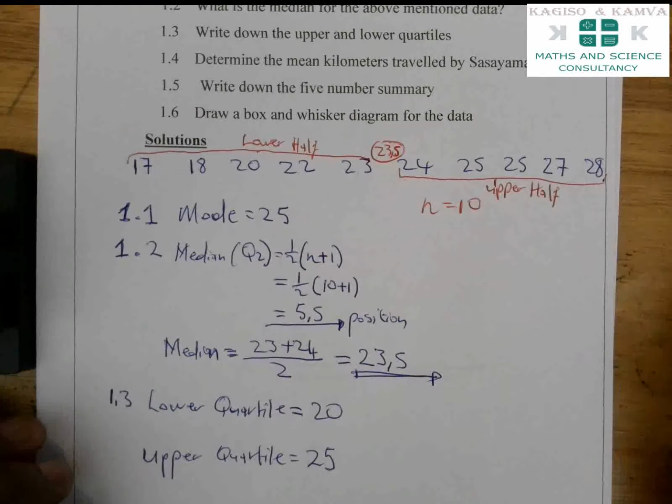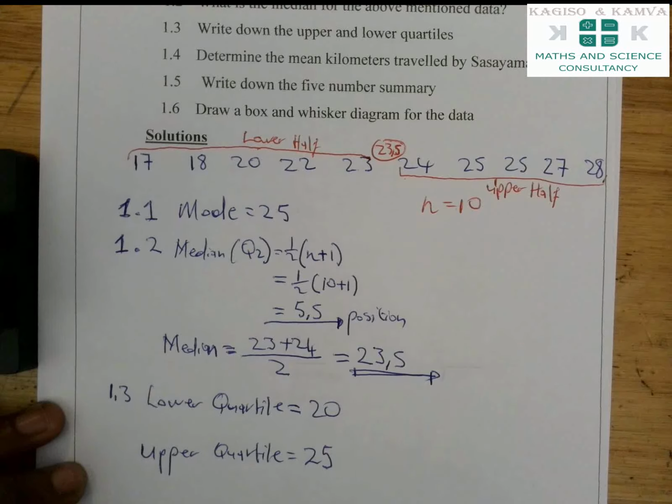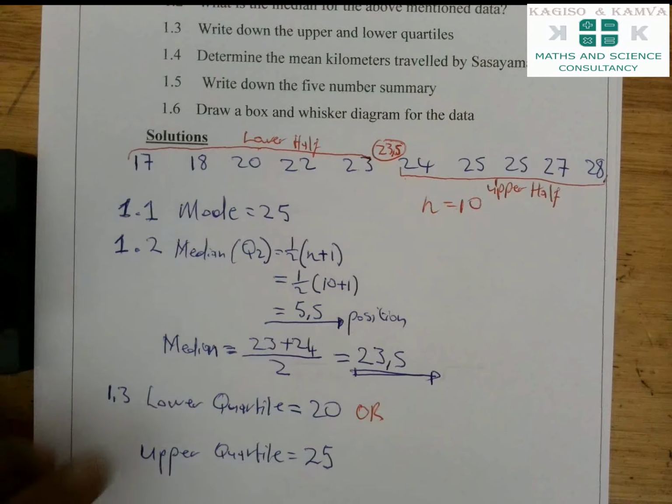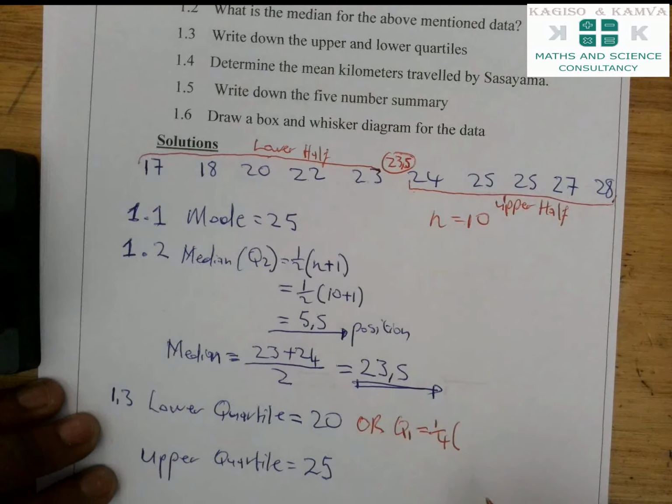Okay, we can also make use of the equations to determine the position of the lower quartile. Using the equations, we know that Q1 is going to be 1 over 4, n plus 1. So what is n? We know that is 10. This is going to be 10 plus 1.